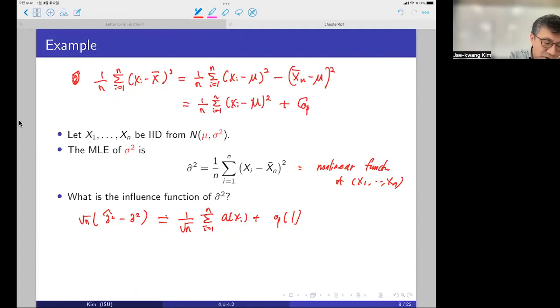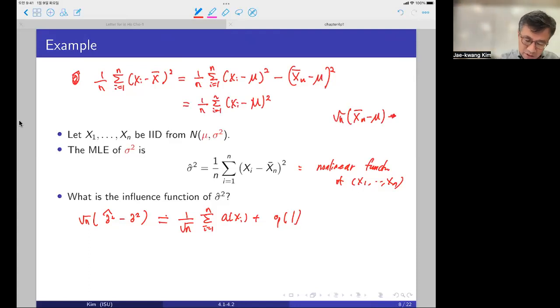So what is the order? We know x bar converges to mu, so this one should be close to 0. The order should be something like this: it converges to something normal, so this should be bounded in probability.